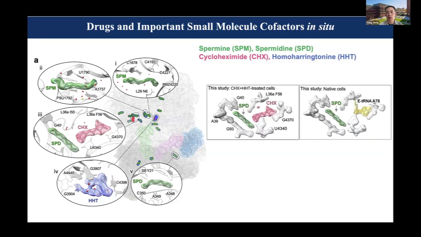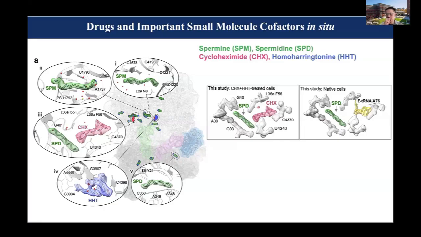In one example, we saw a spermidine at the binding pocket. We see it always there in the wild type, native, untreated cells. But in the inhibitor treated cells, it's part of the binding pocket interacting with the inhibitor. Really, it's part of the inhibition mechanism.